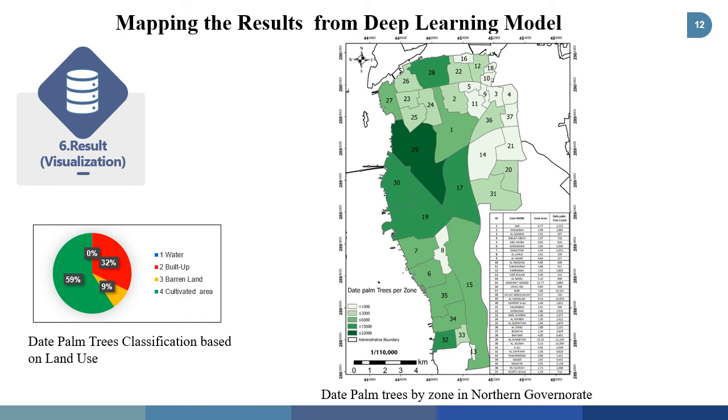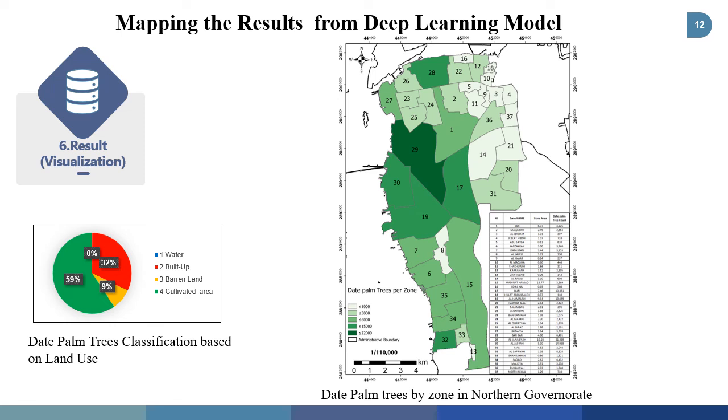Mapping the result from the deep learning model, we map the result based on the location. We have around 40 governorate zones in the Northern Governorate, and we found zone number 29, which is Al Janabi, has the most date palm trees.